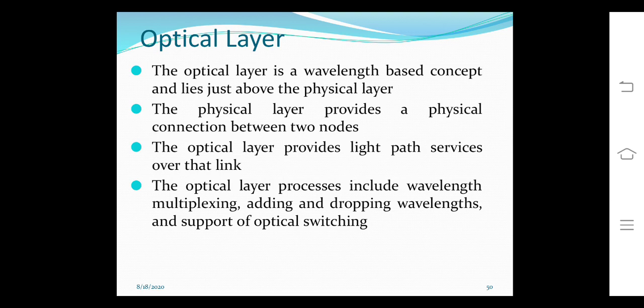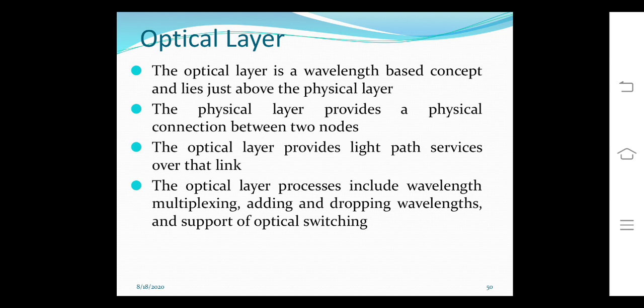This optical layer is a wavelength based concept, and it lies just above the physical layer. The physical layer provides a physical interconnection between two nodes. So between the two nodes, an optical fiber is present.